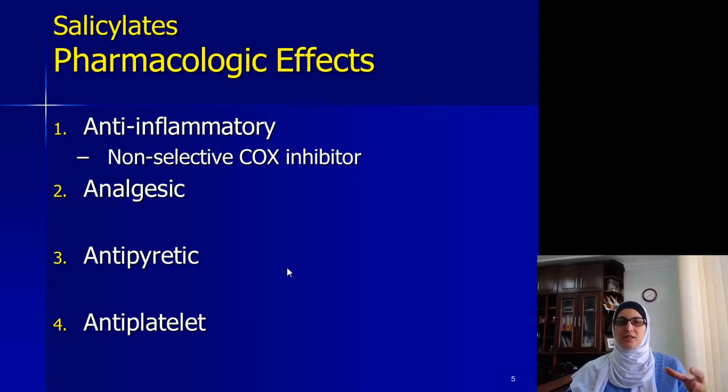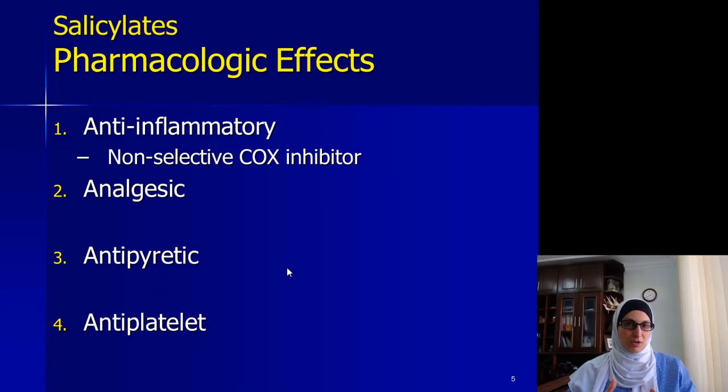So all NSAIDs share with salicylate their anti-inflammatory, analgesic, antipyretic, and antiplatelet effects. The anti-inflammatory effect is by inhibiting both COX-1 and COX-2, and remember we said COX-2 is the inflammatory part that we want to prevent by blocking.